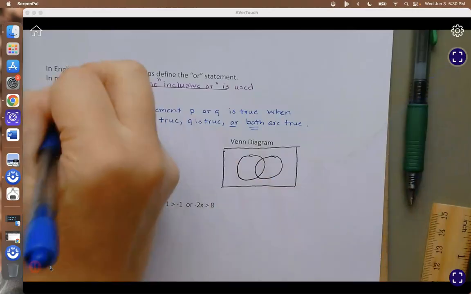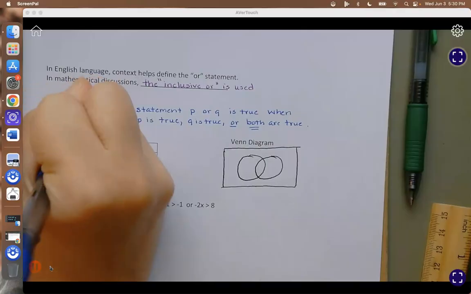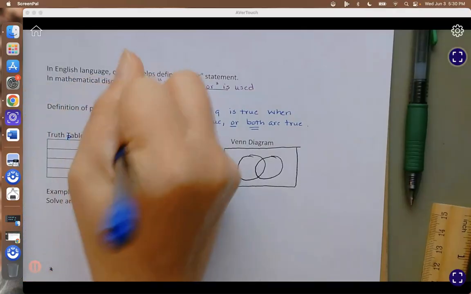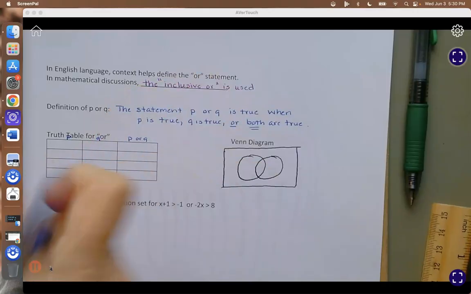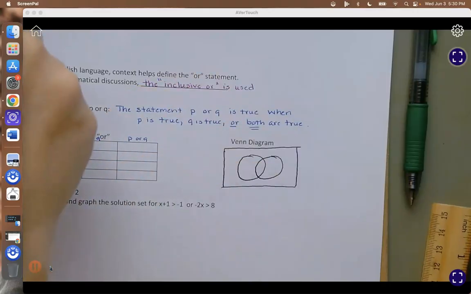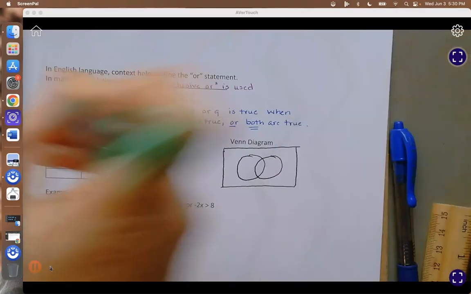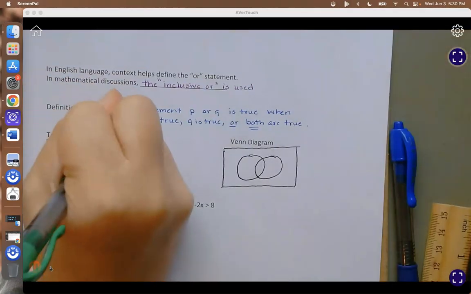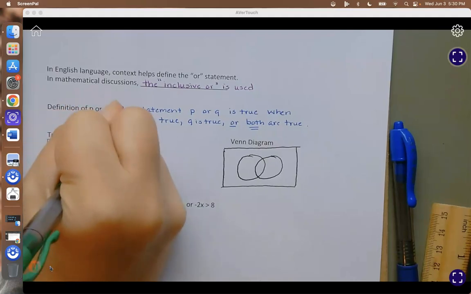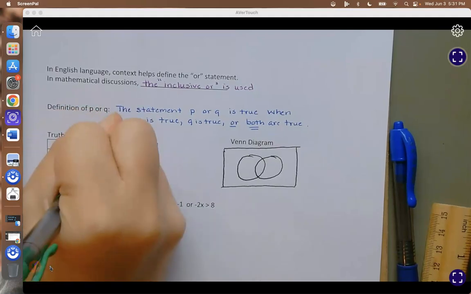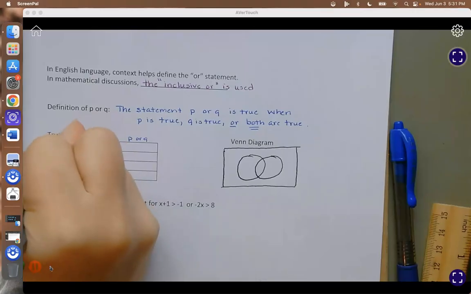Okay, so let's go to our truth table here. So we have a P, we have a Q, and we have P or Q. Remember what we have going on. Okay, so we could have both true, this one true, this one false, this one false, this one true, or both false.